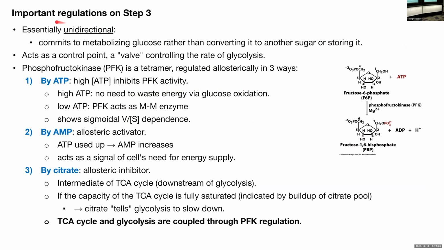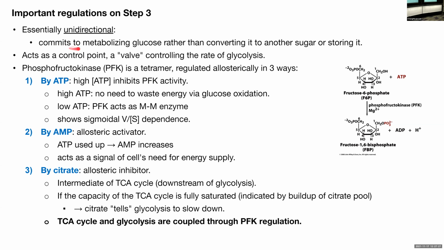So there are important regulations happening on this step 3, where another phosphorylation happens at C1 of this fructose 6-phosphate. Essentially, this reaction is unidirectional, meaning that once it goes this way, it cannot go back in most cases.